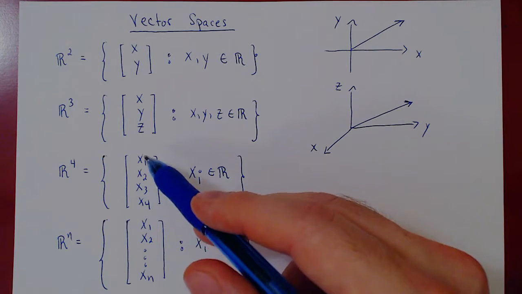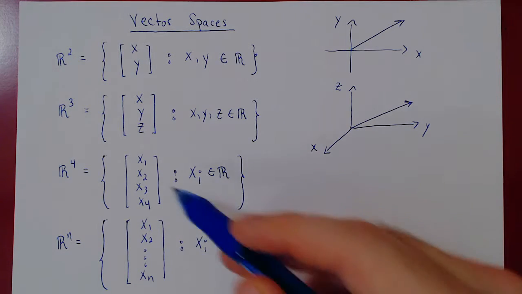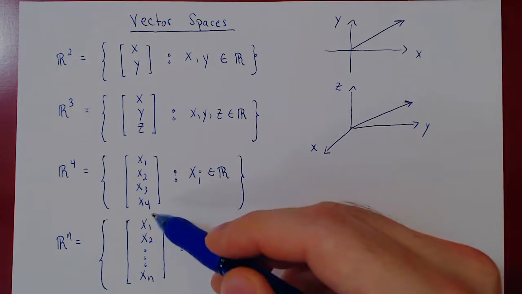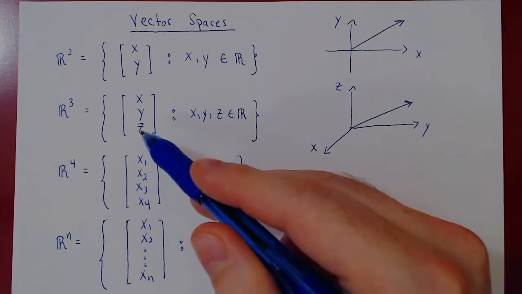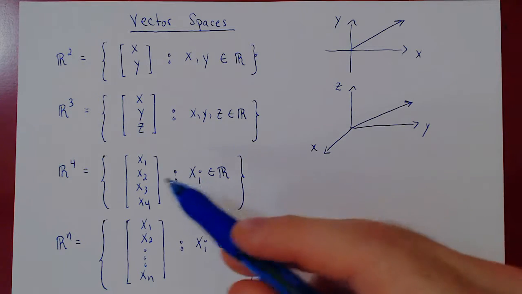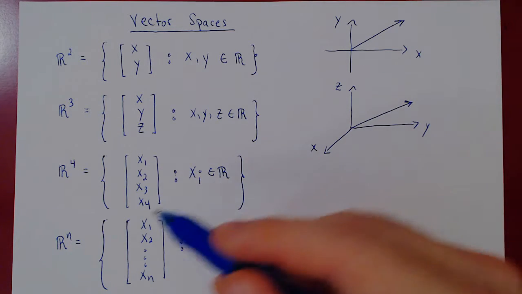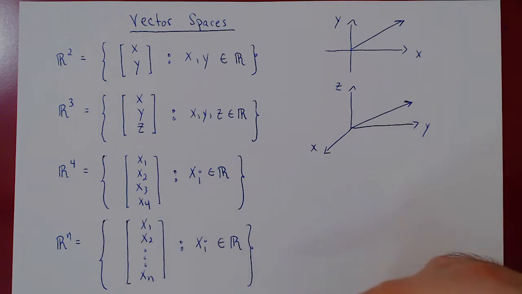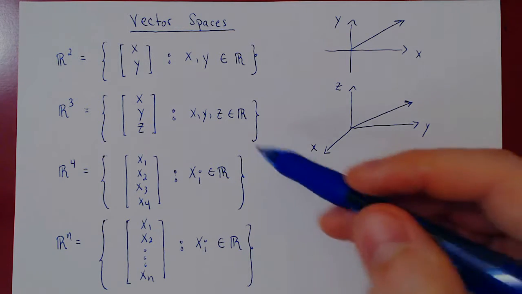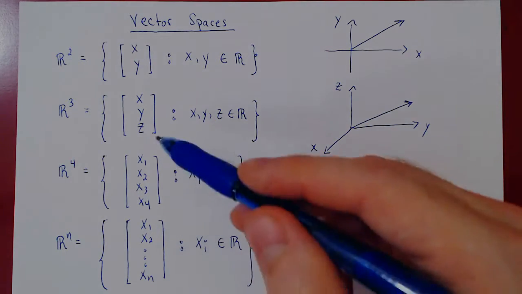And even though it's harder for us to imagine vectors with 4 components, we can still think of these column matrices, even though they have more than 3 components, as actual vectors in space. Directed line segments with now 4 components, or in general, n components. So we were able to extend our notion of vector through algebra.